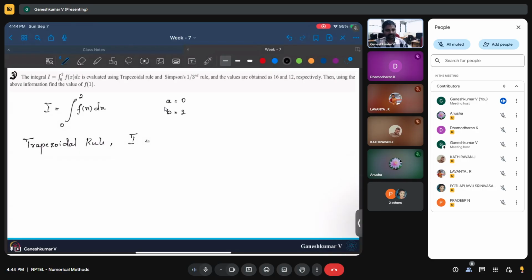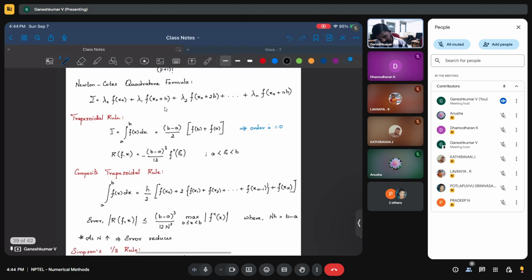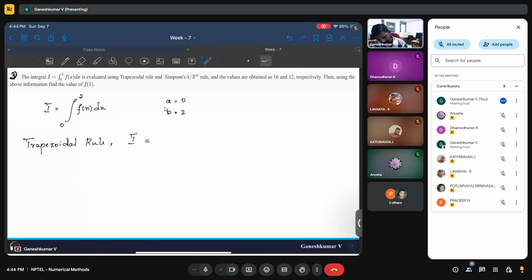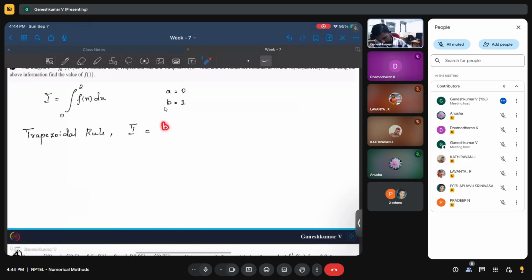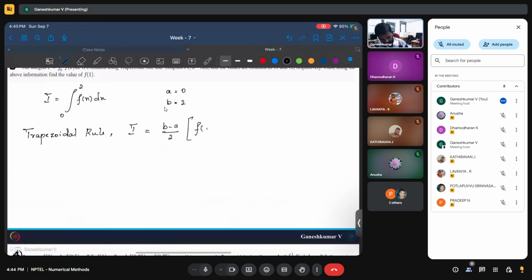I mean, your integral is from a to b. Now the trapezoidal rule, if we go back, this is our rule, right? But this is for one interval. So what is our rule? b minus a by 2 into f of a plus f of b. Okay, this is for one interval.